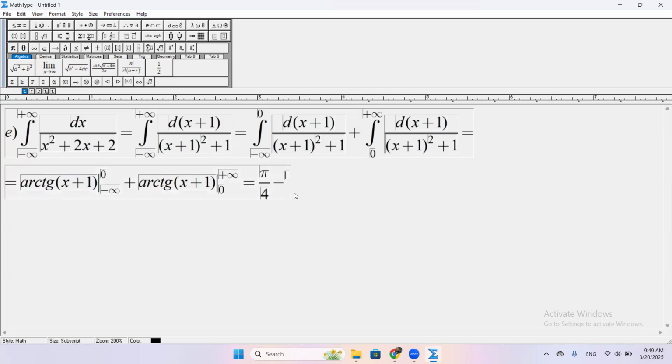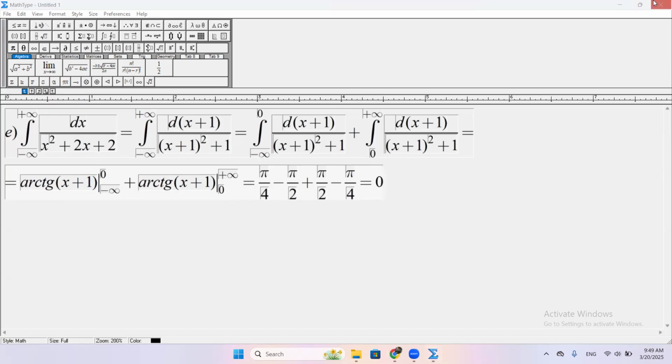So it approaches pi over 2. And plus, so here pi over 2, and minus pi over 4. So as the result, we can receive 0 here.